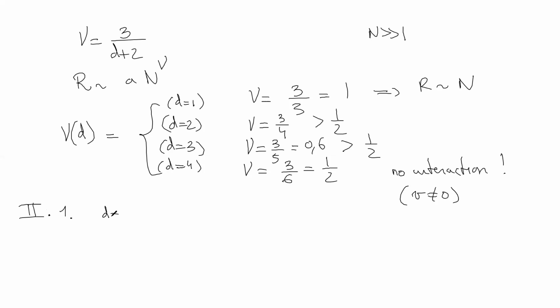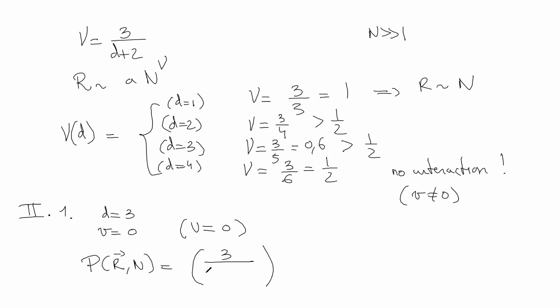So when D equals 3, in the case where there is no interaction, so U is equal to 0, the internal energy, we had a probability of getting a typical extent, R, in n steps, that was provided by the solution of a diffusive equation. So it's the Green's function of the diffusion. So you had here 3/2, so it's in 3D.